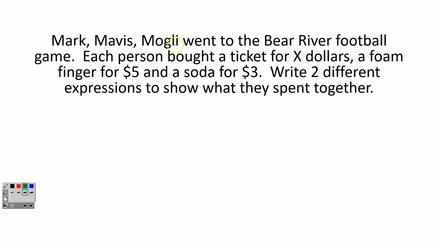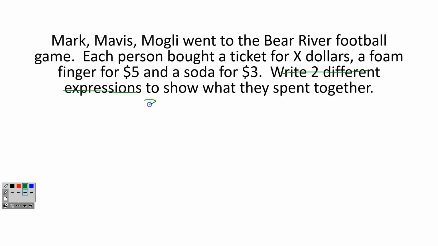Mark, Mavis, Mowgli went to the Bear River football game. Each person bought a ticket for X dollars, a foam finger for $5, and a soda for $3. Write 2 different expressions. We're going to forget about the write 2 different expressions, and let's just focus on, sorry, I got bugs flying around here, let's just focus on just one. So what do we know?